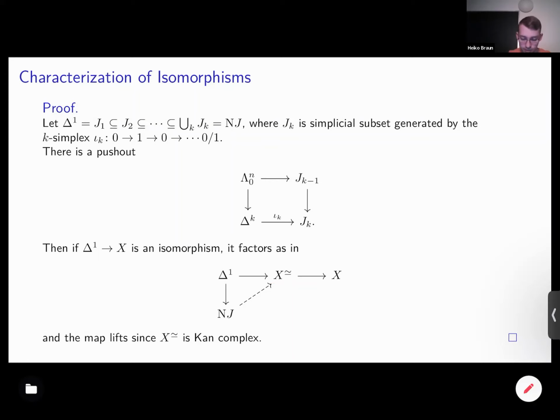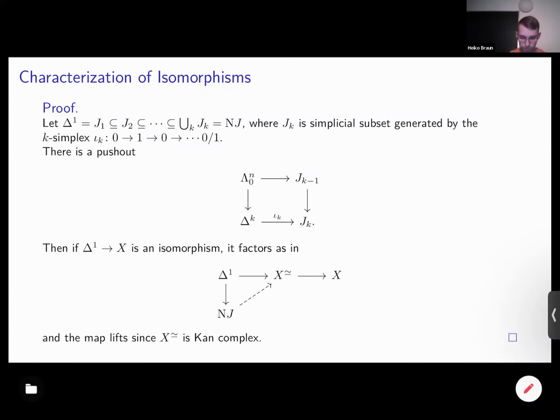And because we only attach outer horns, the Λ^n_0, this means that in total Nj also lifts to this X core, which means that the whole map can be extended to Nj. So the isomorphism factors through that.